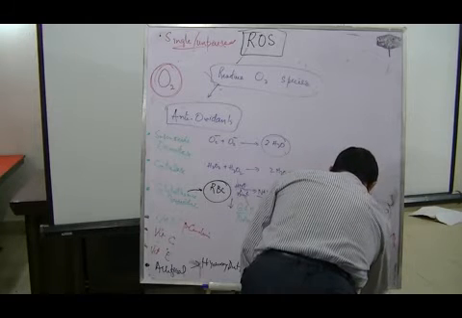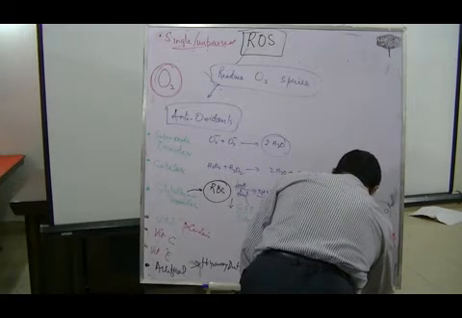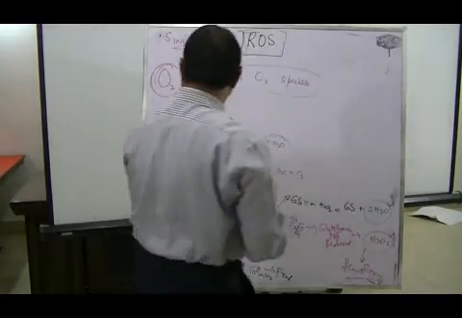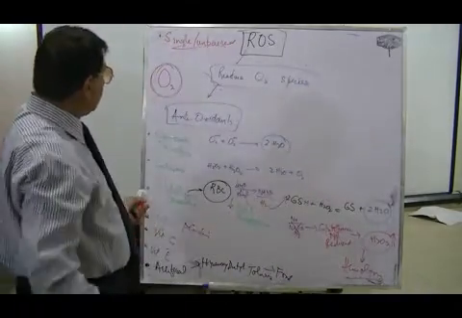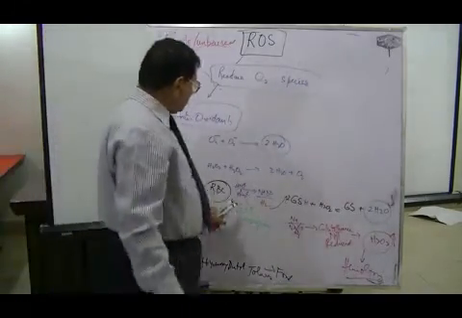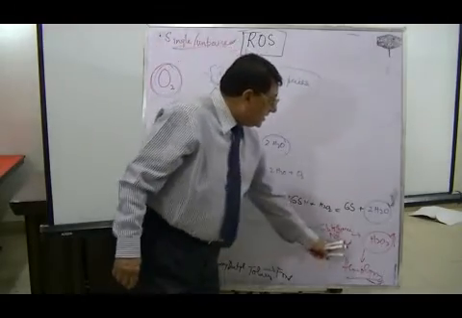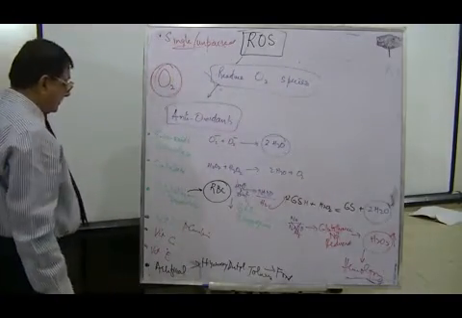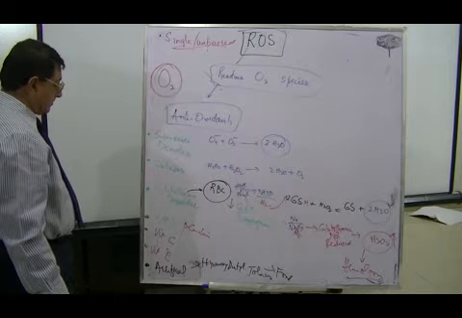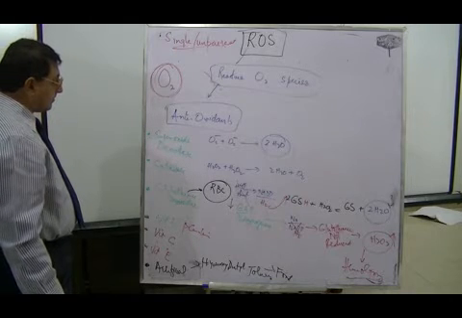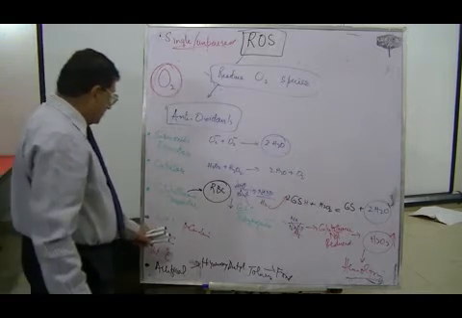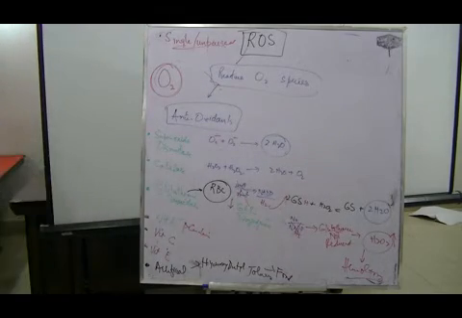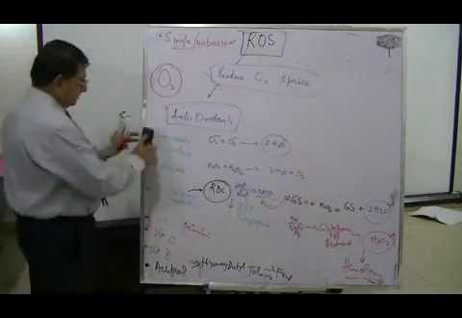This will cause hemolysis of the RBCs. So there will be hemolytic anemia. In G6PD deficiency, there will be hemolytic anemia. Action of vitamin C, E and vitamin A, I will sum it up.